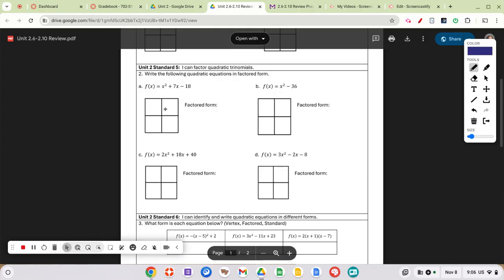Okay, let's see. I can show you over here how I would do it on this one. So if I was going to use this square, what I would start with is putting in my negative 18 right here. Negative 18 goes right there.